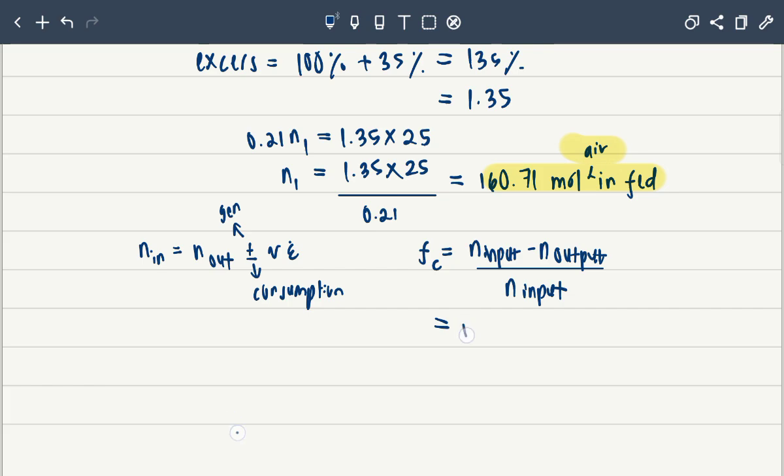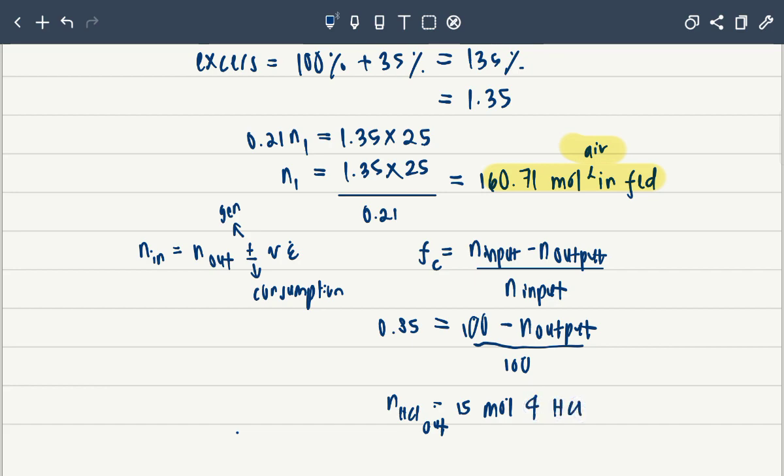Kita ambil basis dia 100, right? So 100 tolak N output over 100 equals 0.85. So let me tekan calculator sekejap. So kita dapat 15 mole of HCl out. Okay, settle.